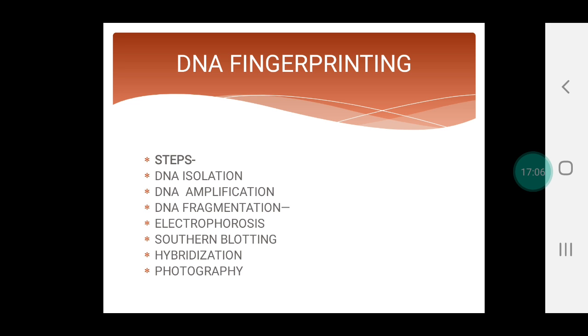And these double-stranded DNA structures remain embedded in the nylon membrane, that is the nitrocellulose paper. And the remaining single-stranded DNA probe fragments are then washed off. So now the desired DNA fragment is obtained.